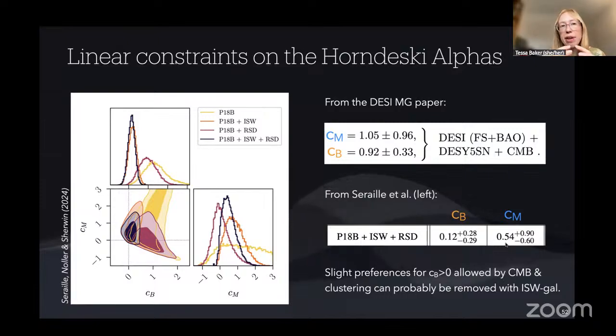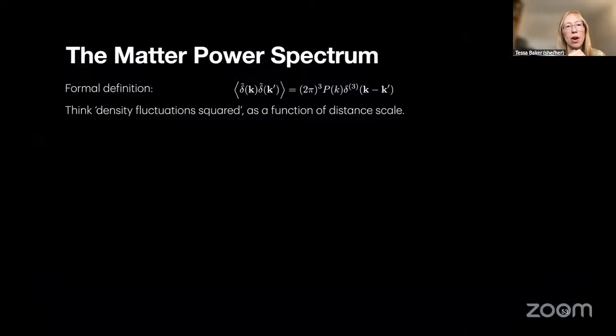Now, everything I have said so far in this lecture has been about linear scales, right? We've been using these alpha parameters, which are the kind of mapping of Horndeski gravity onto linear scales. Of course, there is data beyond the linear regime. And so to think about that, the place to visualize that is the matter power spectrum, which I'm sure plenty of you will have met before.